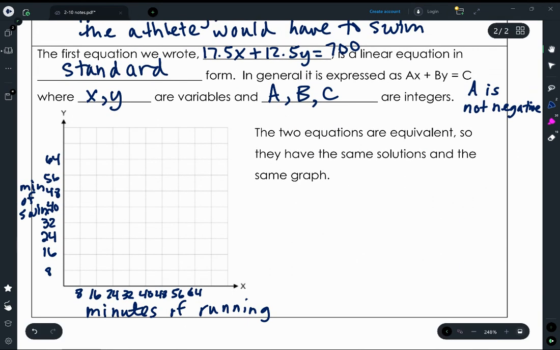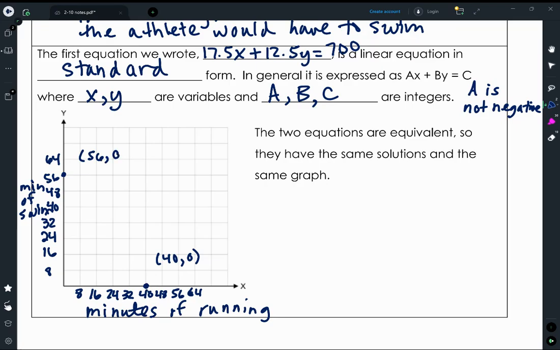So 40, 0 would be right here. That's my 40, 0. And again, that represents running for 40 minutes and not swimming at all. And then we've got the other extreme if we only swam, and only swimming would be at 0, 56.